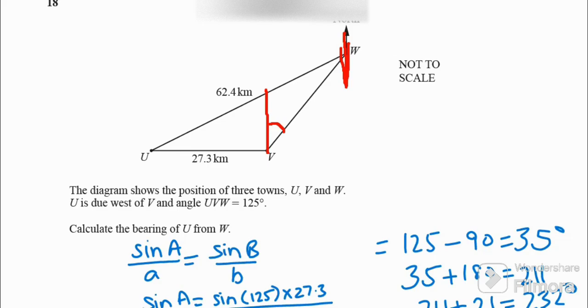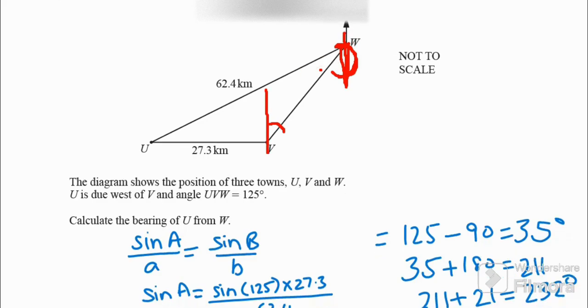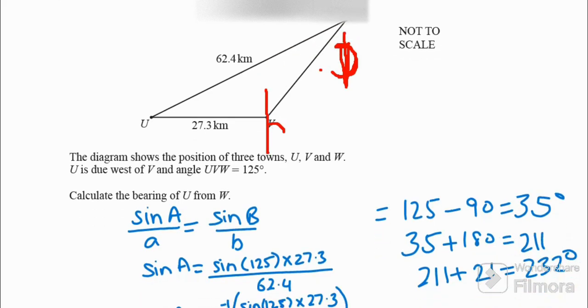So we have calculated the total bearing from here. Then we will add 21 degrees, which we calculated over here. So we will add 21 to 180 plus the bearing of V, which is 25, so 25 plus 180 plus 21 will be 232 degrees.